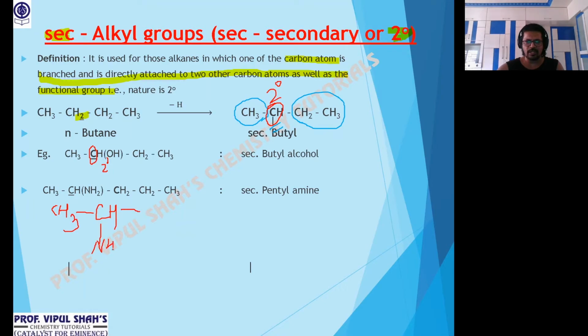You can show up or down, doesn't matter. It's a functional group, a primary amine group. Then you have CH2. Again we have CH2. Everywhere keep a check, carbon valency should be satisfied. And last we have CH3.